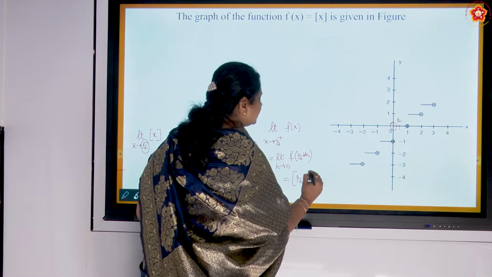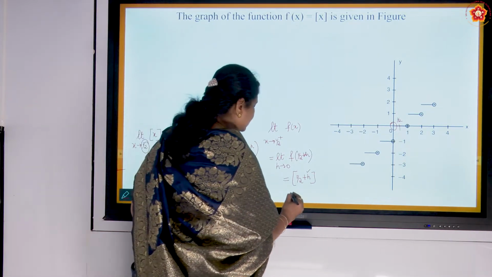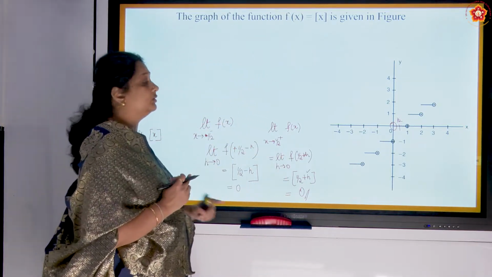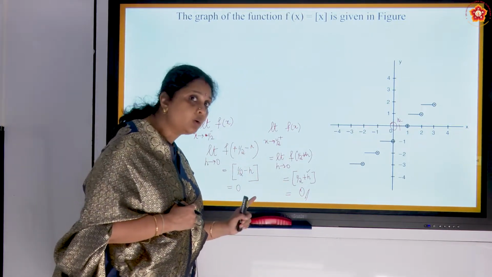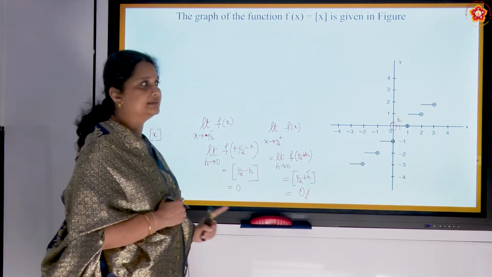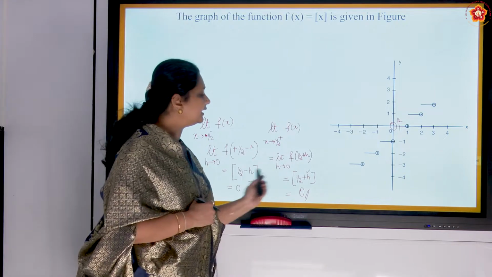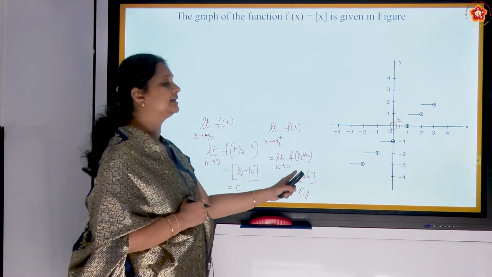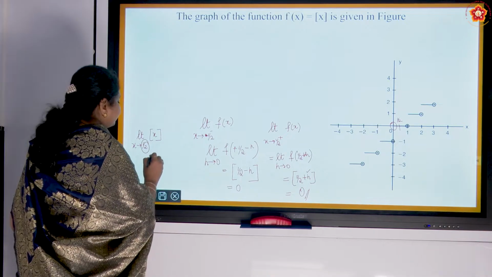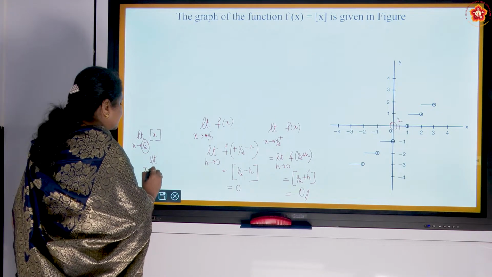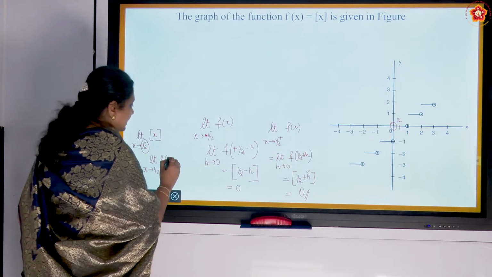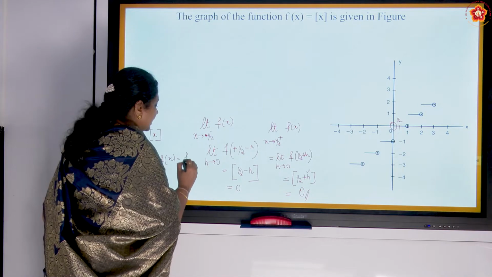So, absolutely the greatest integer value that this function can take is only 0 and not 1, because my h is almost tending to 0. So, again, both are equal. The left hand limit and the right hand limit take you to the same point 0, and I am going to see if the limit as x tends to half of f of x is equal to f of half.